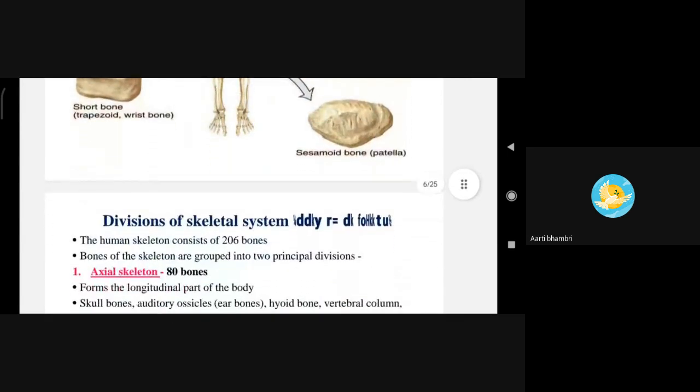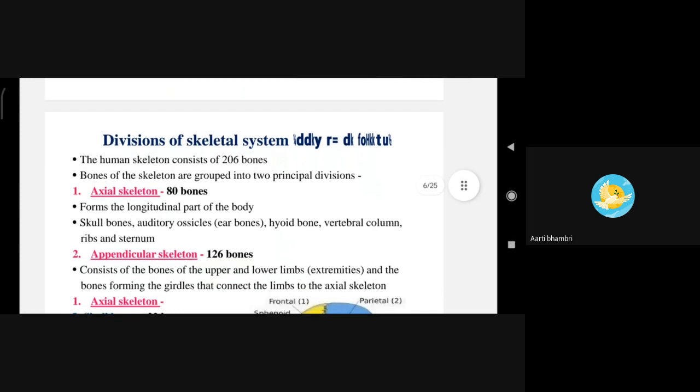So the axial skeleton, consisting of 80 bones, forms the longitudinal part of the body: skull bones, auditory ossicles, hyoid bone, vertebral column, ribs and sternum. These are the axial bones.